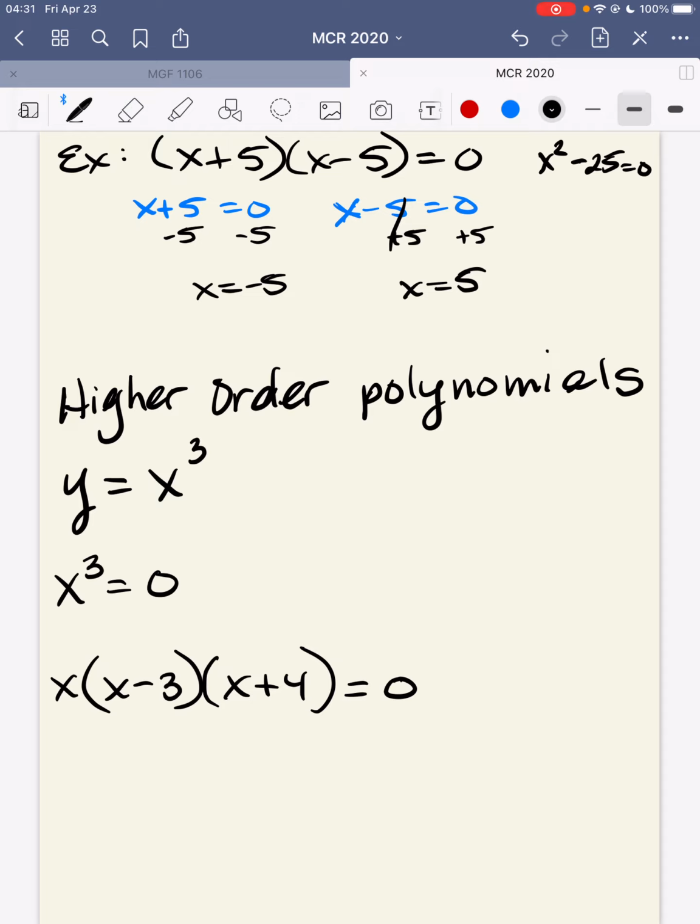All right. So if I look at the general equation, y is equal to x cubed, and this may be something that you haven't seen. I haven't really talked about cubes. The shape of a cubic is kind of like this S thing.